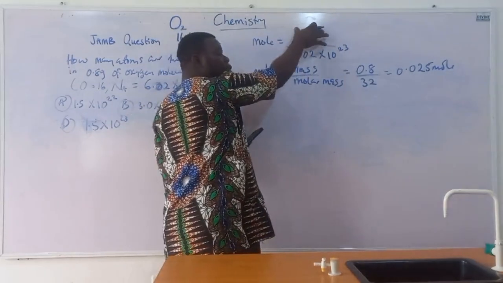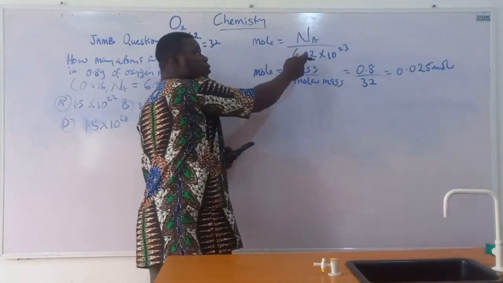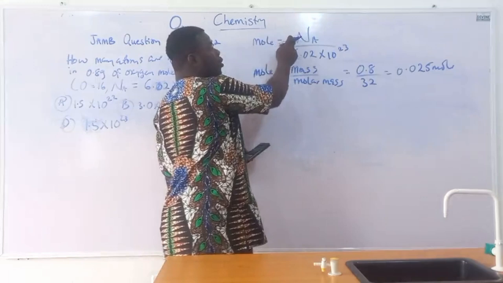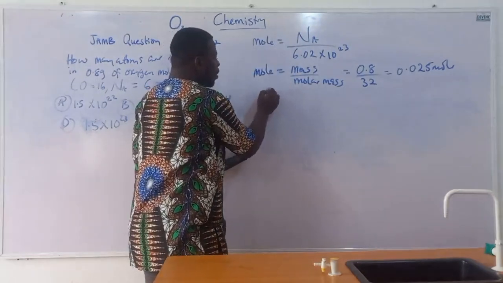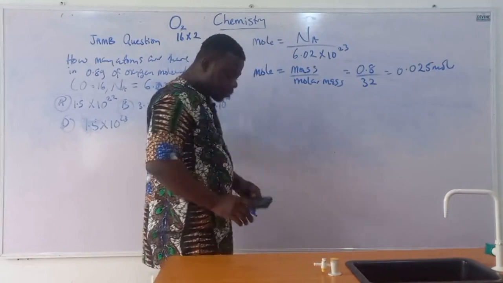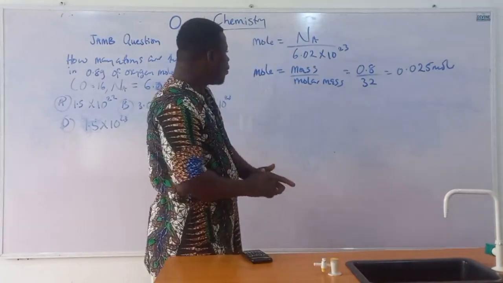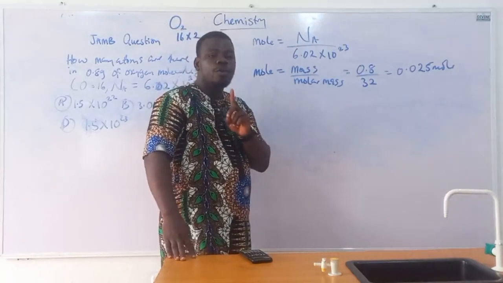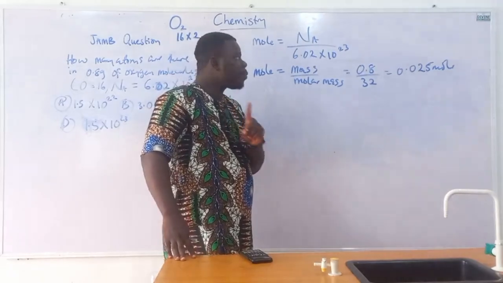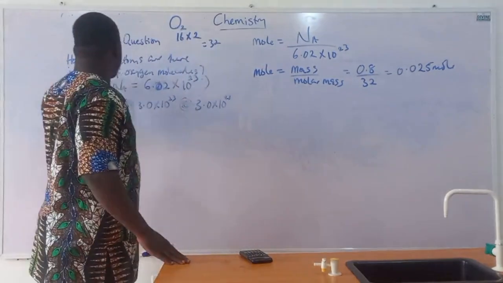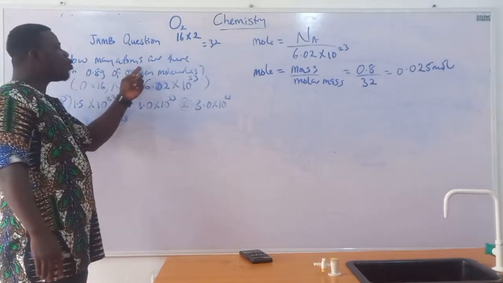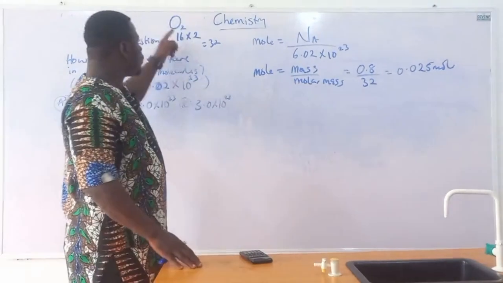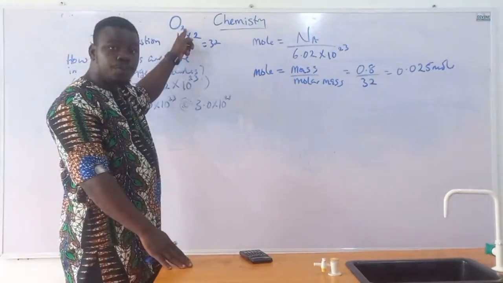That means we can now come back to this one. The reason why we did not solve using this one first is because we cannot solve for two unknowns, right? Now we've gotten the value of mole, so we can solve. Now recall the composition of stoichiometry, because they ask us to calculate how many atoms there are. Atoms in oxygen here is 2, right?